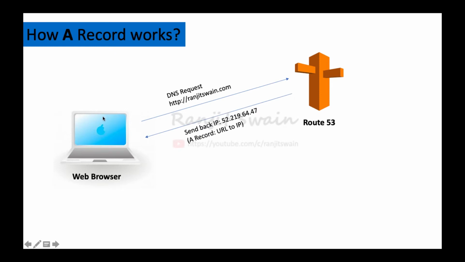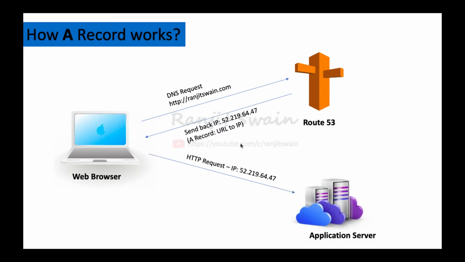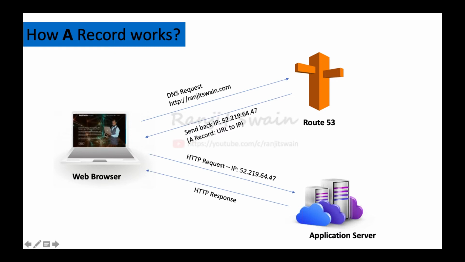Suppose I type the domain name here, Route 53 accepts the domain name, then converts it to the IP address. The IP address is then sent to the server where exactly the address is, so it goes to the application server, which has the server applications hosted on that particular IP address, and then you get the response back.